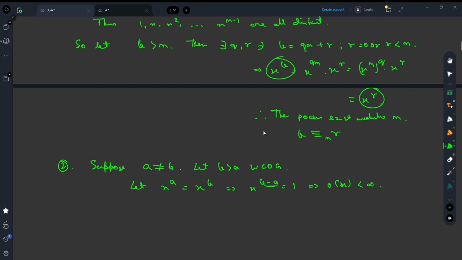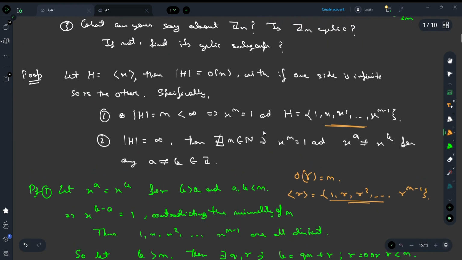Therefore the order of x must be finite, but that is not possible given the hypothesis that the order of x is not finite, which contradicts the fact that the cardinality of H is infinite.